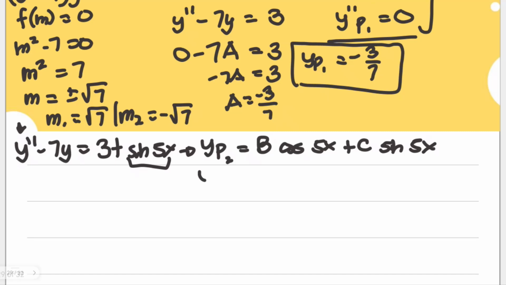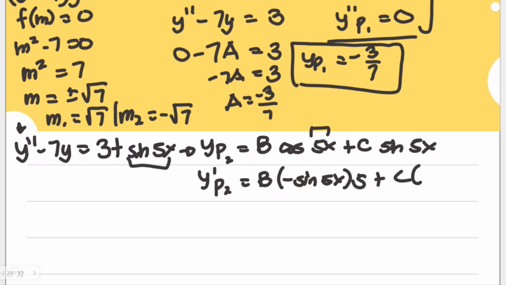So for the first order derivative, you will have the constant b. The derivative of cosine 5x is negative sine 5x, and using the chain rule, the derivative of your angle is 5. Plus c, the derivative of sine 5x is cosine 5x times the derivative of your angle 5.